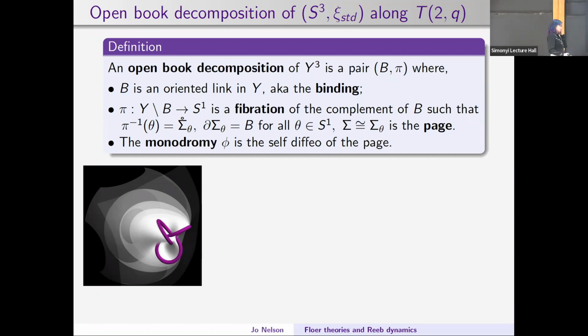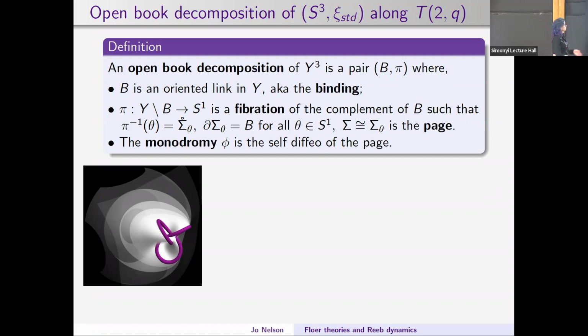And so the way that you package 3-manifolds is often in terms of an open book decomposition. So it's a fact that every 3-manifold can be expressed as an open book decomposition. There's a lot of words associated to open book decompositions. You're going to have some binding. In our case, we're going to be looking at T(2,q) torus knots, where q is going to be odd.